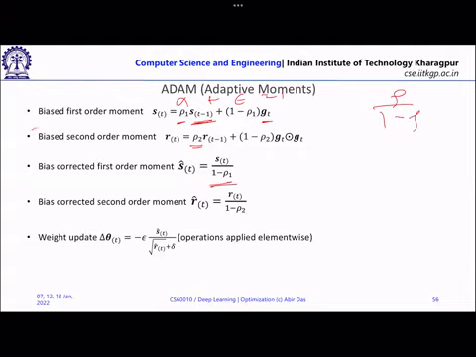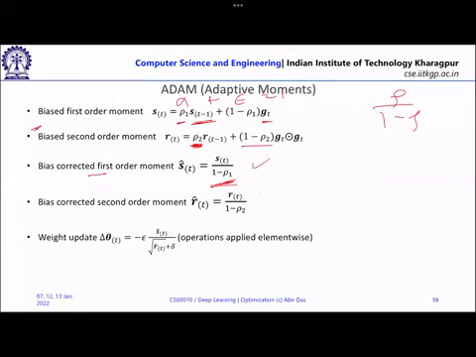So if I just keep this aside for the moment, this is the bias corrected first order moment. And what is the biased second order moment? That is basically the adaptive learning rate state. So it is just rho times R plus 1 minus rho times g_t element-wise multiplied with g_t, right? Here rho is basically replaced with rho 2 and 1 minus rho 2.